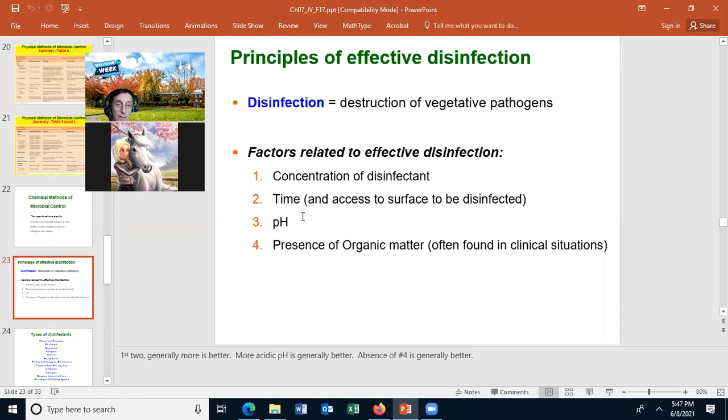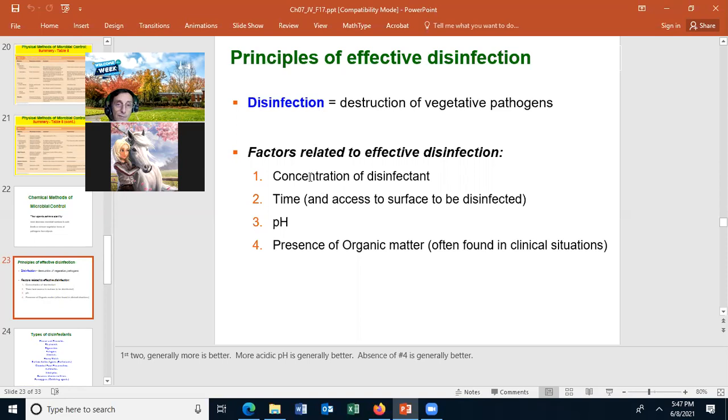The time of exposure obviously will be related to how effective the disinfection is. The pH will be related to how effective the disinfection is. And the presence of organic matter will affect how effective the disinfection is.